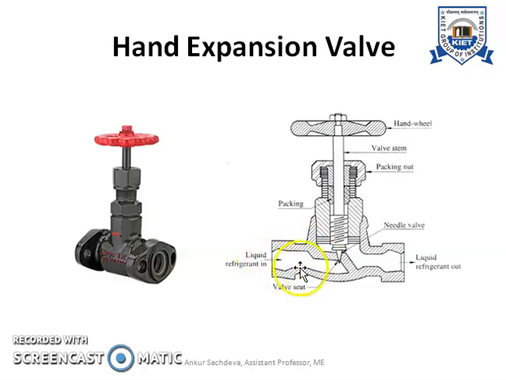When the liquid refrigerant enters from the left hand side, according to the opening provided by the valve, the refrigerant will be allowed to pass through the valve, and due to this small opening, the pressure drop from condenser pressure, that is PC, to evaporator pressure PE will take place.